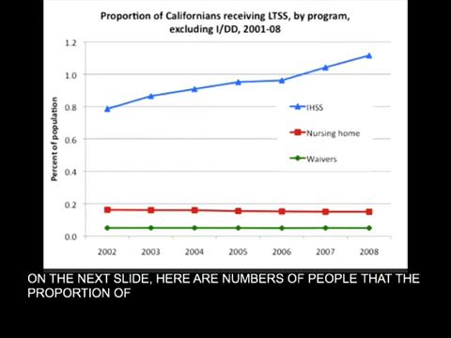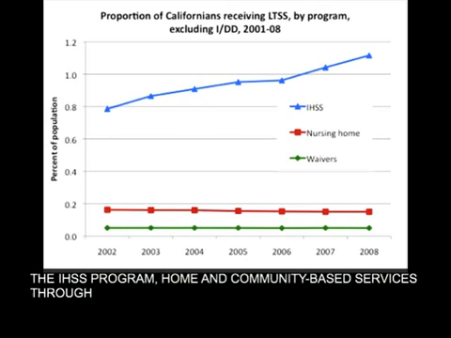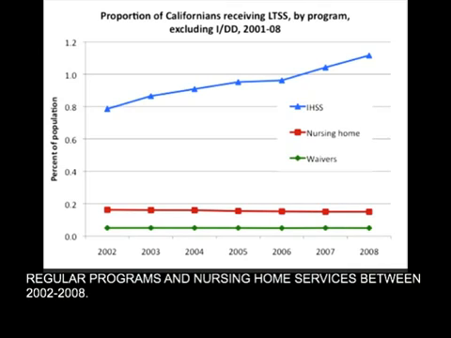So on the next slide, here are the proportion of the population in California that was receiving home and community-based services through the IHSS program, home and community-based services through waiver programs, and nursing home services between 2002 and 2008.